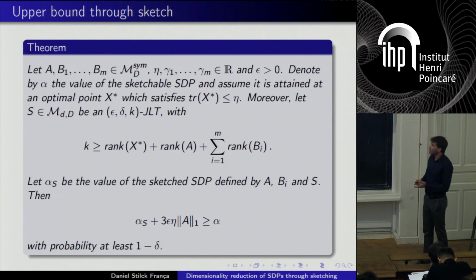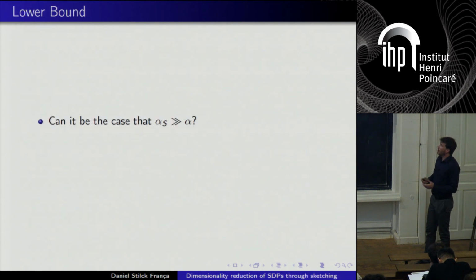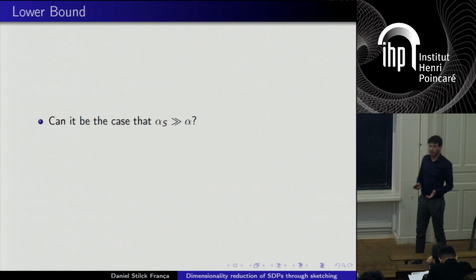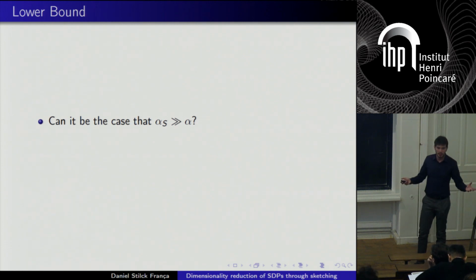Okay, so now a natural question to ask is, can it be the case that this actually explodes? So that this upper bound is a very bad upper bound, because again, there's no guarantee that this feasible point, which is given by the conjugation with the optimal point, will give you also something which is close to the optimum of your sketched SDP.